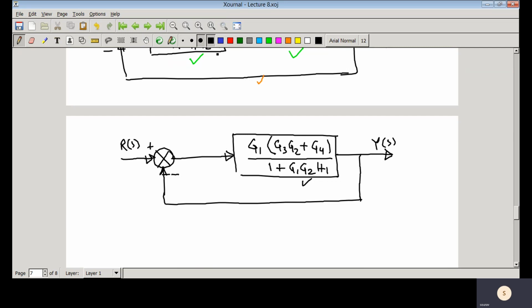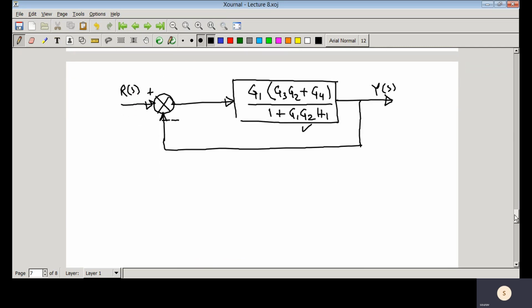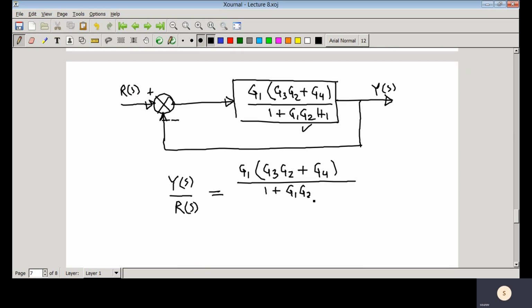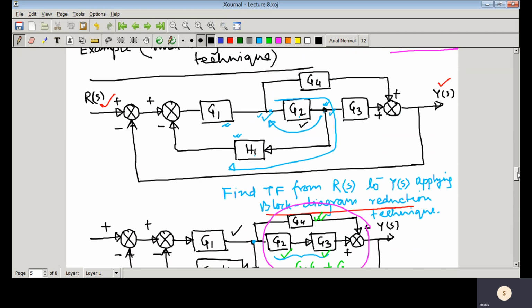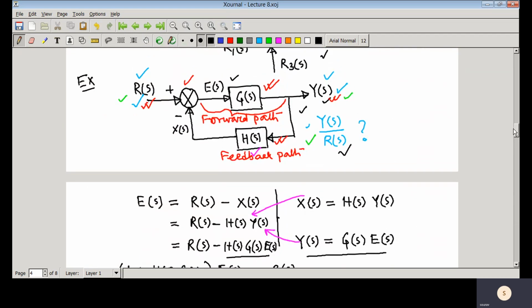Then what is Y(s) by R(s)? Y(s) by R(s) equal to the forward path transfer function, that is G1 into G3 G2 plus G4 divided by 1 plus G1 G2 H1, whole divided by, because this is the forward path transfer function, you can see it here, should not be confused.